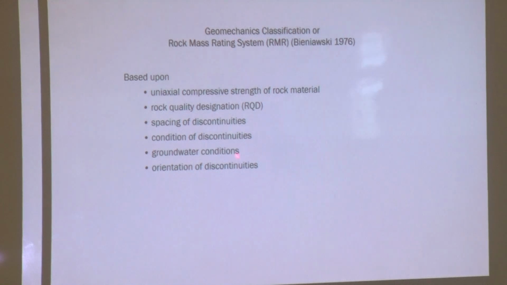They took a decision to consider these parameters: uniaxial compressive strength of the rock, RQD, spacing of the discontinuity, condition of the discontinuity, groundwater condition, and orientation of the discontinuity.